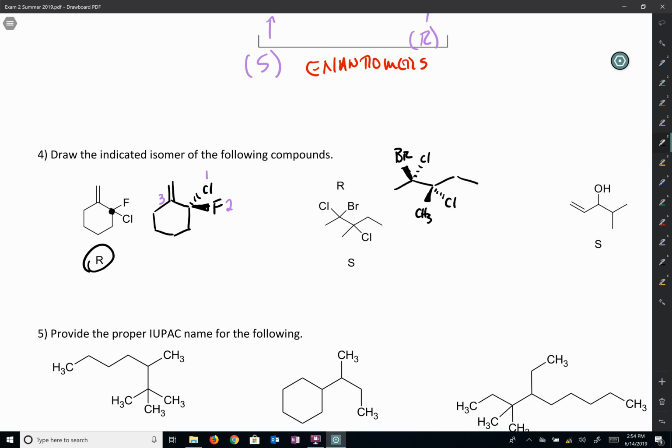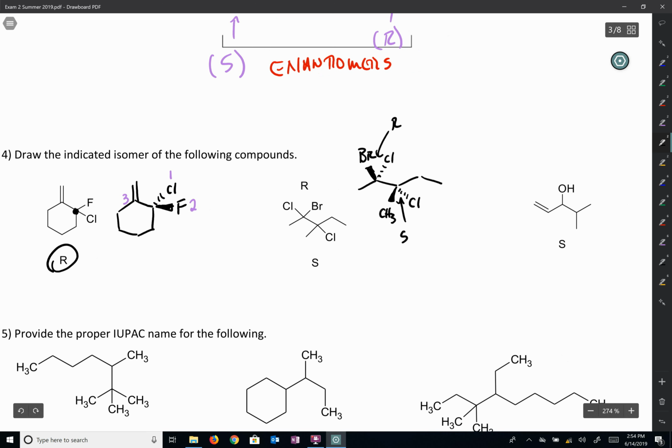So there's my R, there's my S. Same thing here. I think this is one we actually did in class, so hopefully you have a little bit more notes about it if you need some more info, but there that one is. The tricky part about here again is the double bonds versus non-double bonds, the importance of those.